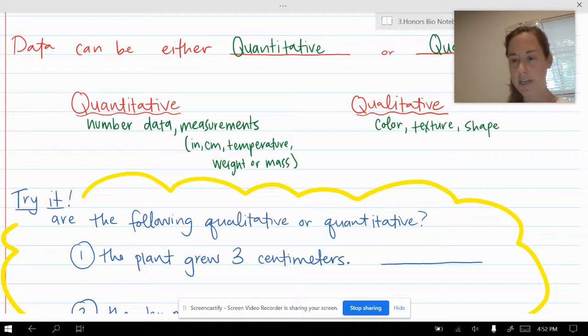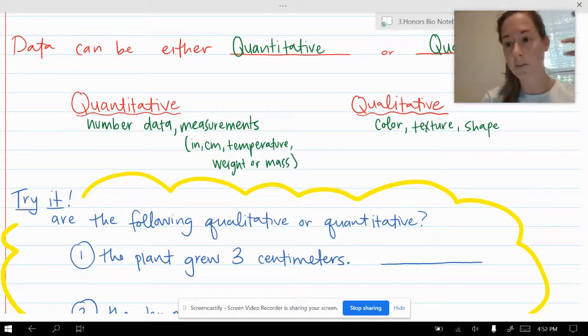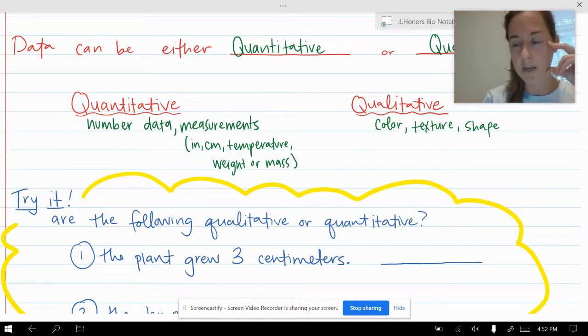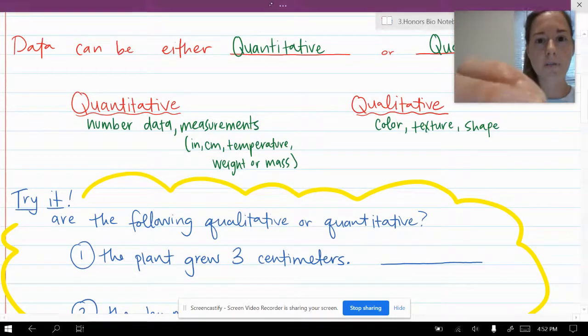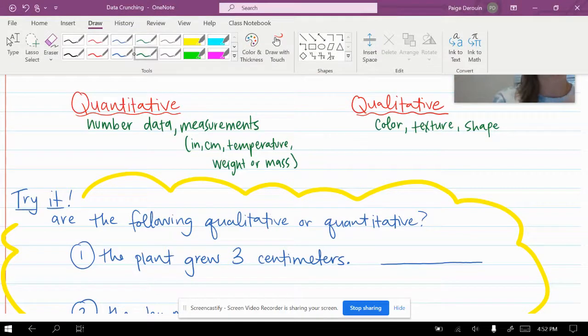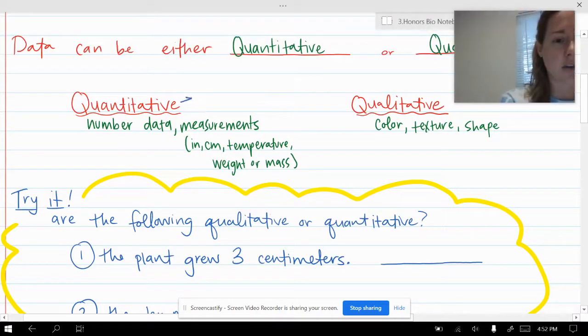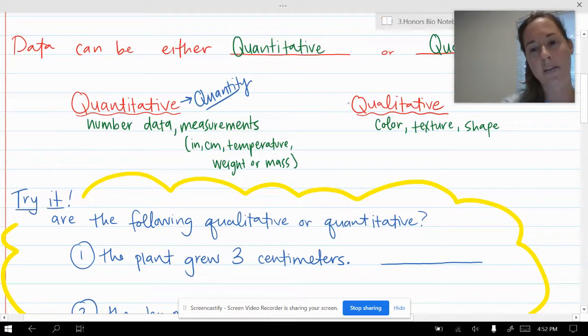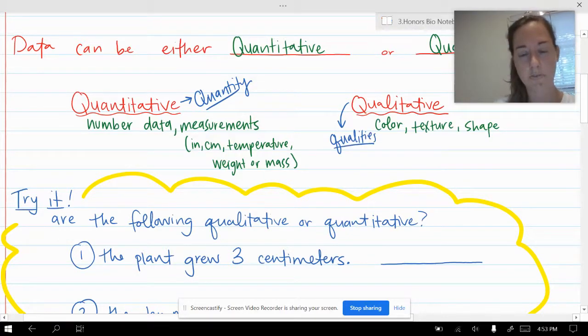Sometimes your data is literally drawing a picture of what you're seeing under the microscope, and that would be qualitative and not quantitative. So just remember that quantity relates to numbers, and qualitative is going to relate to qualities. That should help you out.